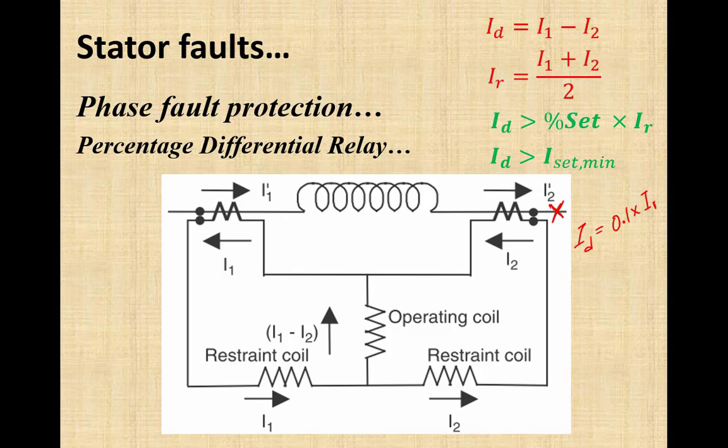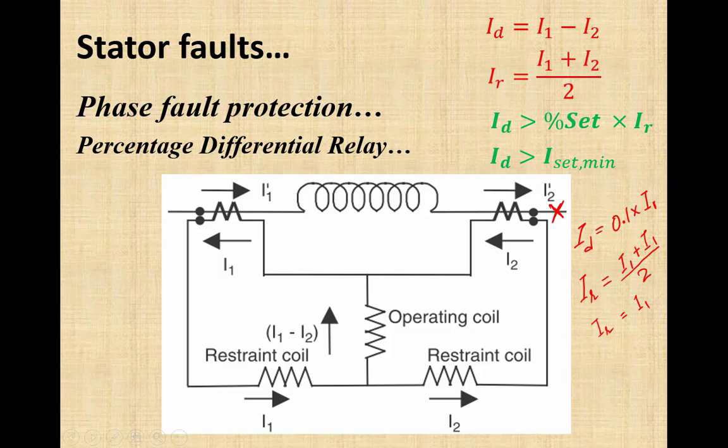Now what will be the value of retaining coil current? Retaining coil current will be equal to, if we assume that the same fault current is passing through both of these CTs, I1 plus I1, because we have assumed that I1 is equal to I2. There will be a slight difference, but we have ignored that difference, divided by 2, and IR will be equal to I1.